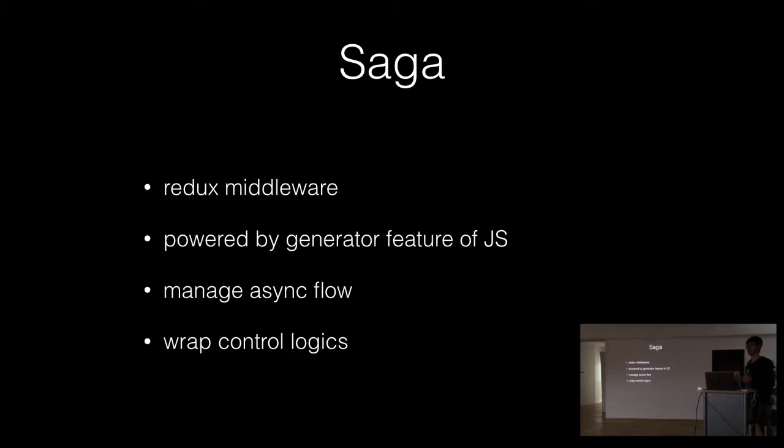Anything can be async. If you pop up a yes or no box, it's also async, because until the person clicks yes or no, you are waiting there. And it's really useful to wrap your control logic. You don't express your logic in the UI, but you express it in the code, in a Saga. This is actually a very interesting point.